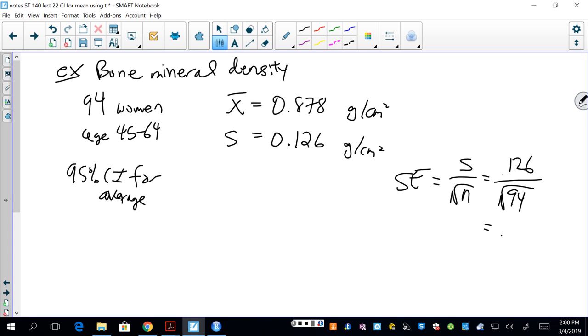And that's 0.013. That's also in grams per centimeter squared. For a 95% confidence interval, we're going to need a t-value, right? Can we get this t-value from the table?